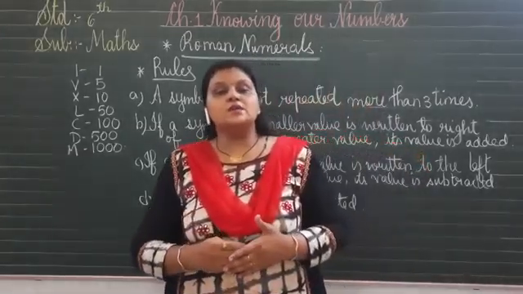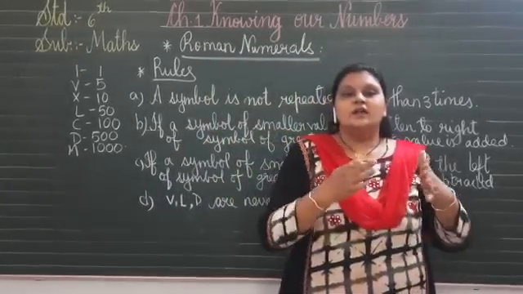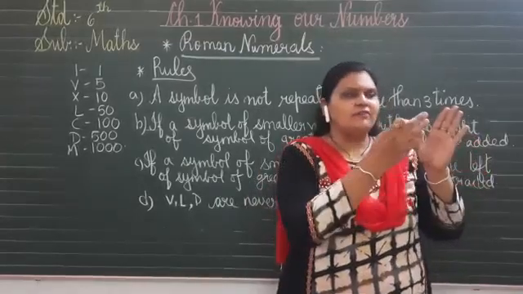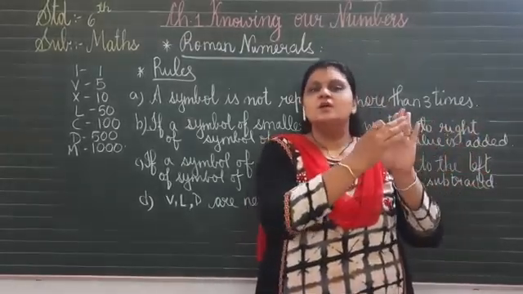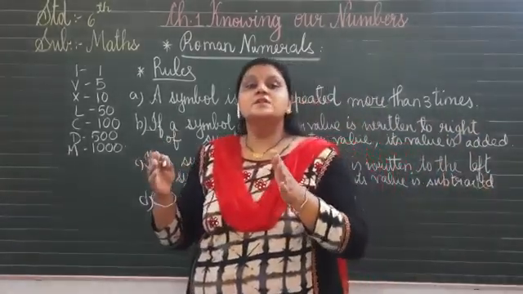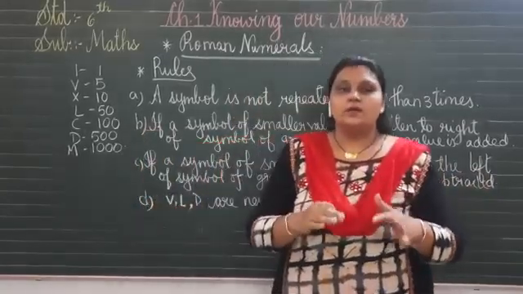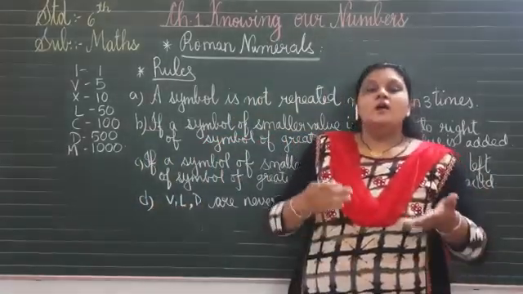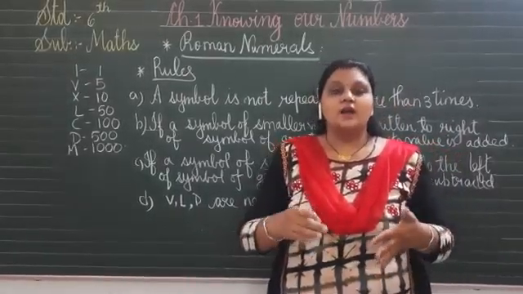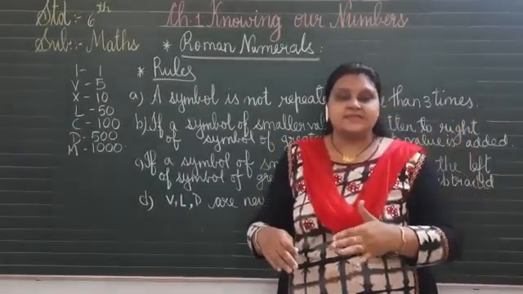Nowadays, we are using these numbers on a clock, and in writing the name of a class. If we are somewhere in a mall, we find Roman numbers written on the rooms, or in school, in the timetable of a particular class. So Roman numbers are still used, but the use is less.